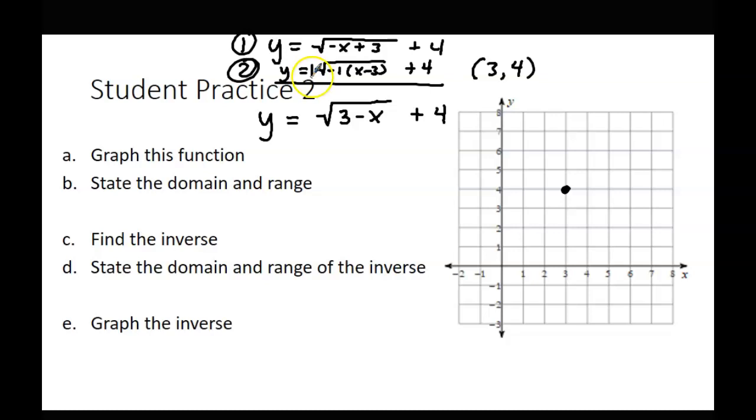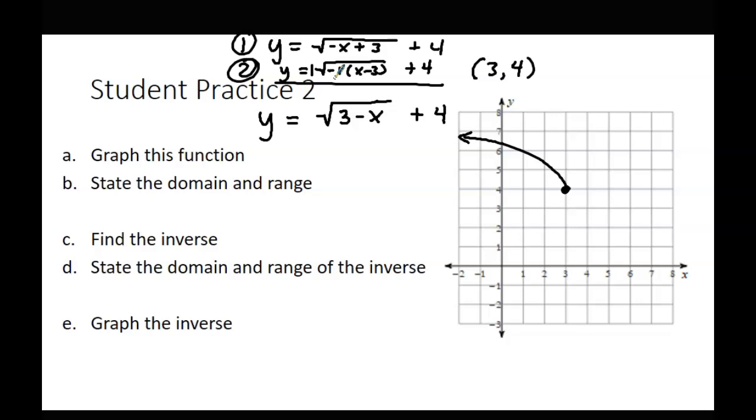So because this is positive, actually, Steve, it's going to be up, and it's going to be up and left. So your square root function would look like that. So we have our starting point, and then it's up and left. All right, so that's your graph.